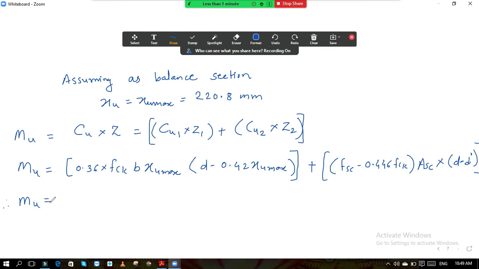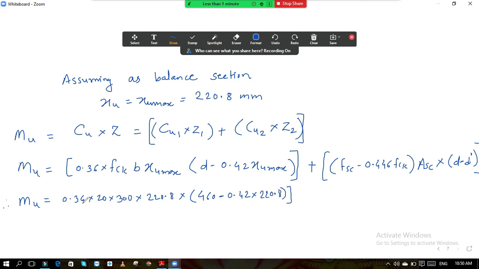What answer? Let me write all the values. 0.36 into 20 into 300, into XU max is 220.8, into D, the depth of the beam, it is 460 minus 0.42 into 220.8.